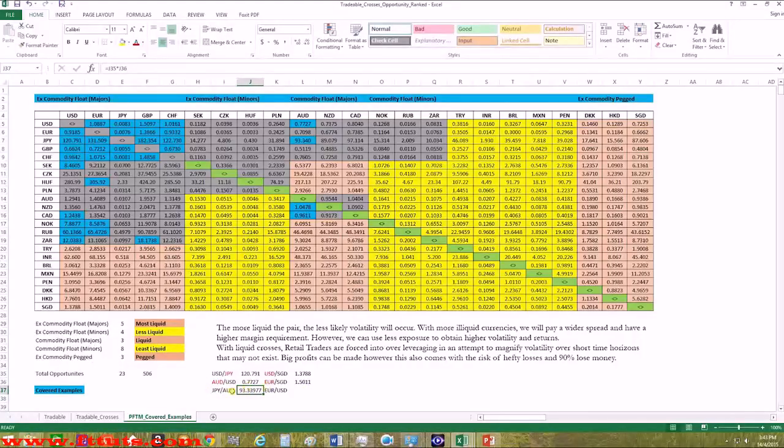is to take the result that we got earlier for Aussie dollar buying Japanese yen, and we have to work out the reciprocal, so the reverse of this equation, so the reciprocal of the result.